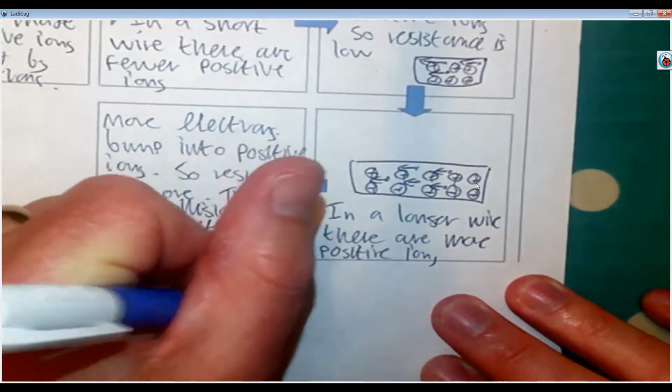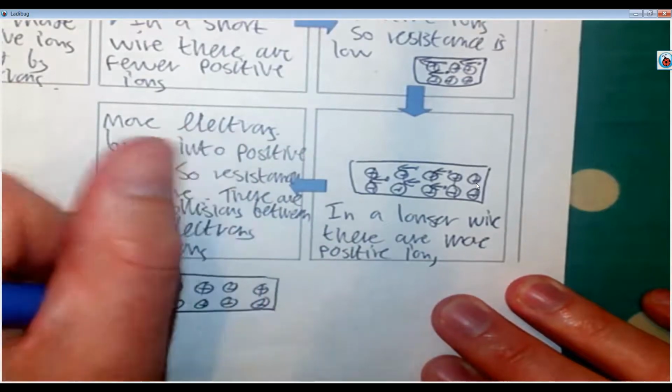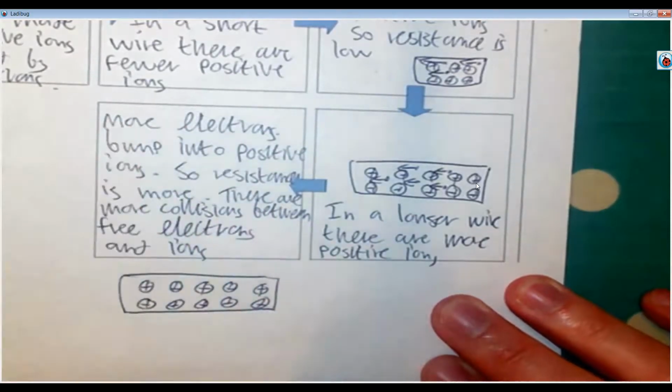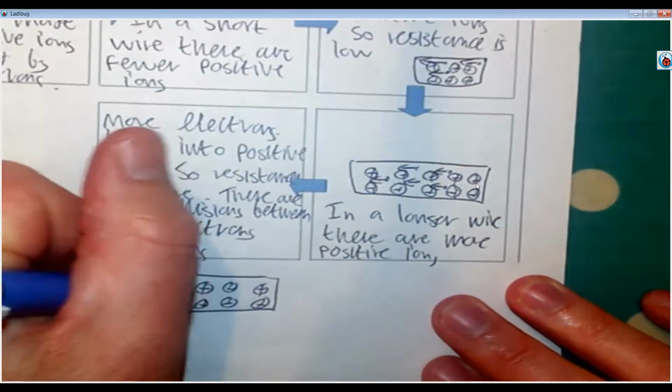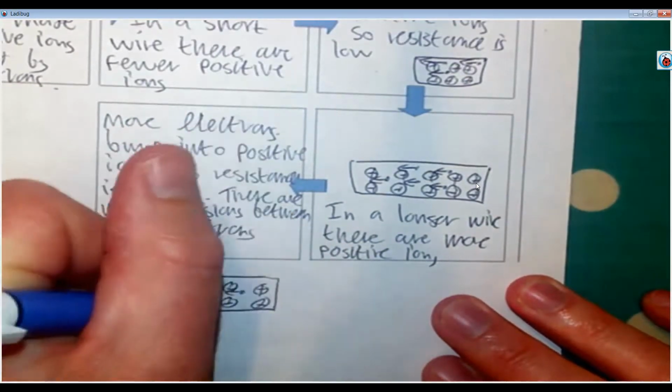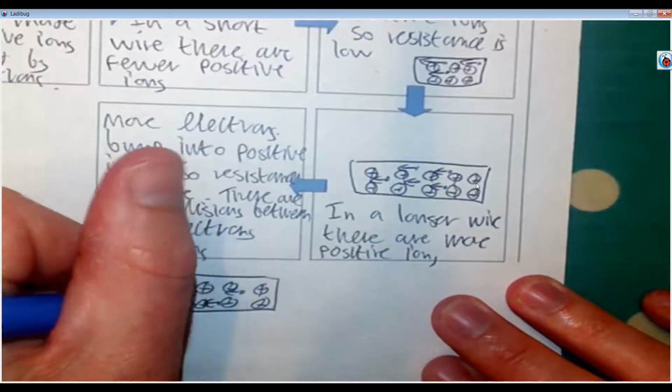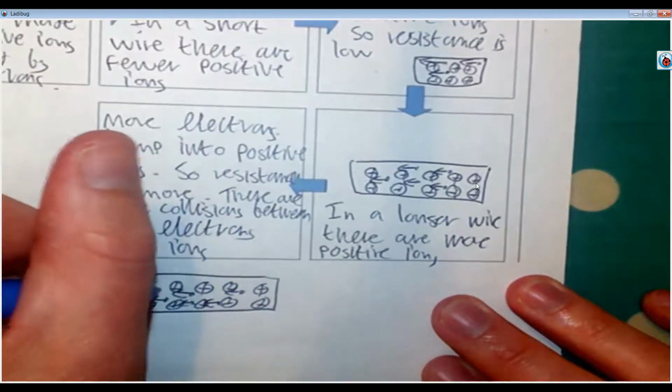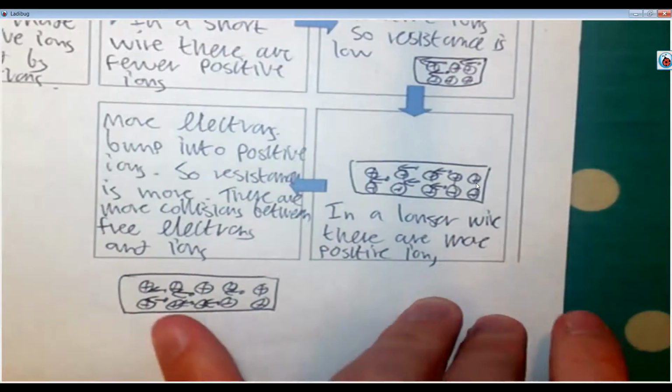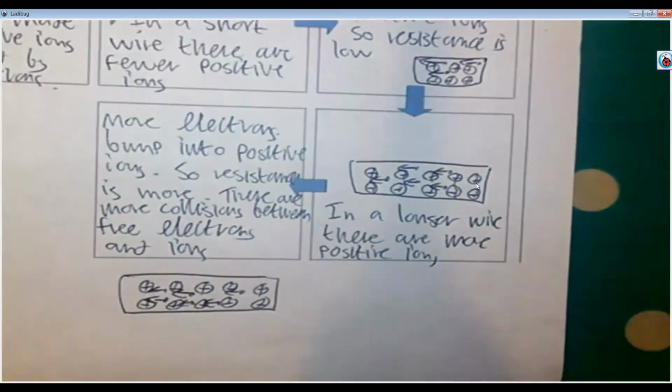again, I'm drawing the metal ions with this plus charge, and then these free electrons find it much harder to get through the longer wire. There are more positive metal ions that they could collide with. So in essence, the longer the wire, the more positive ions there are, the more collisions between free electrons and ions there are, and the harder it is for the free electrons to get through the wire.